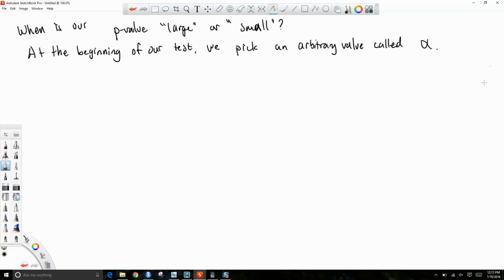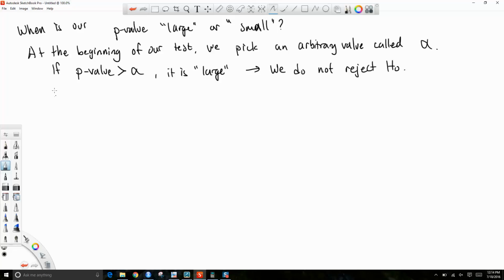Okay? And this is going to be the line. If it's bigger than alpha, it is, quote, large, and that means we do not reject the belief about the null hypothesis.